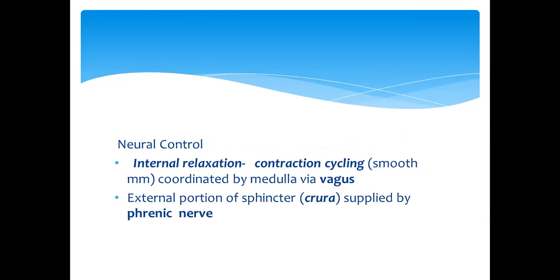About the neural control of the esophageal sphincter: there is an internal portion and an external portion of the sphincter. The internal portion, contraction and relaxation, is coordinated by the medulla via the vagus nerve, and the external portion, the pleura, is supplied by the phrenic nerve. So there are two innervations: the internal portion by the vagus nerve and the external portion by the phrenic nerve.